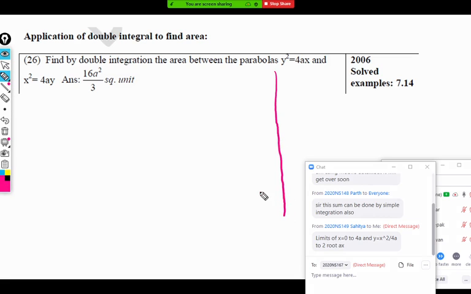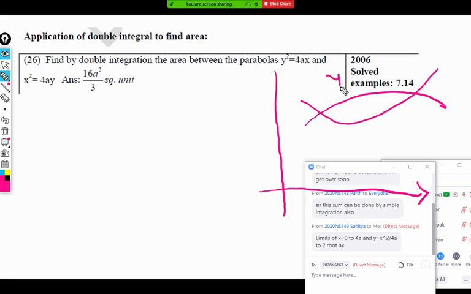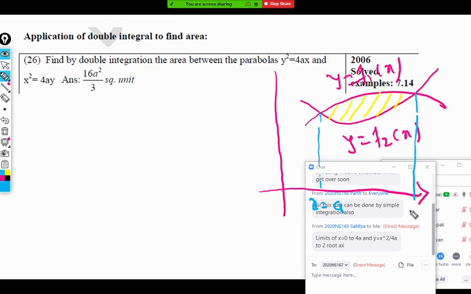In 12th, you already saw that if the region is bounded by two different curves, say y equal to f1(x) and y equal to f2(x), and the region is in between them like this, and we have to find the area between these two curves, suppose this line is x equal to a, and this is the point x equal to b.